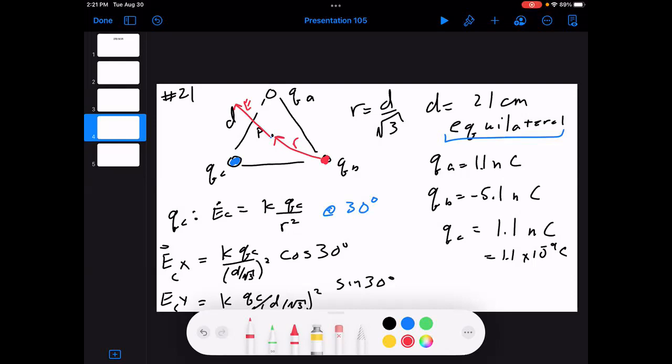So we could write down something really similar. For the electric field here, if this were B, I'd still have my K. This would be QB. The r would be the same. I could still say I have a cosine of 30 here, B x. But what would definitely need to be different?